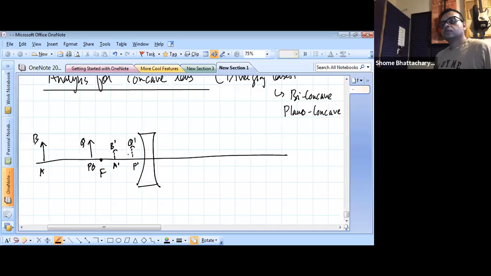Or even if you bring the object between the focal point and the lens, like this, even then the image is of this type.